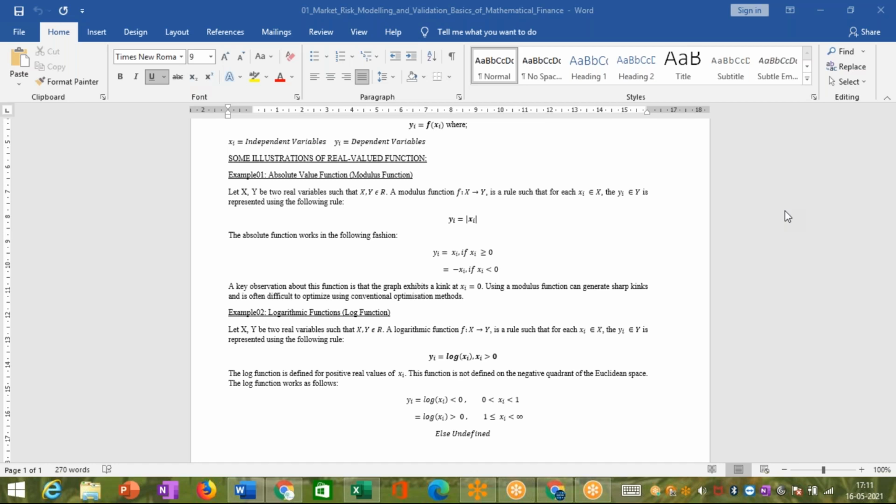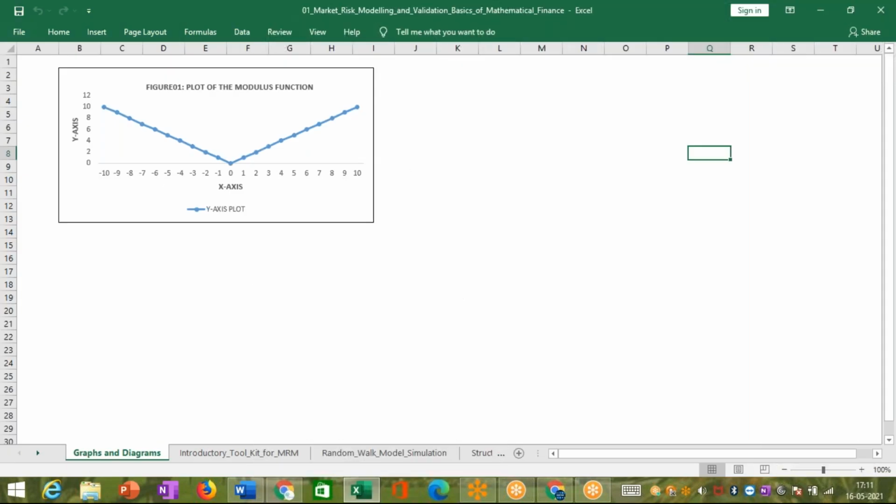We talked about the absolute value function in yesterday's discussion, and one of the characteristics that we observed is that this function has a kink at the point zero, right? So there is a kink at this point, which means this function is not differentiable. So we'll talk about differentiability. This is not a smooth function.